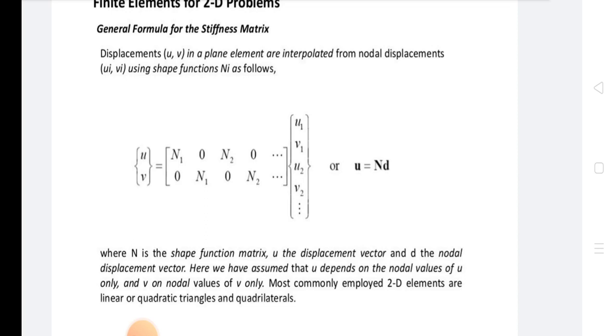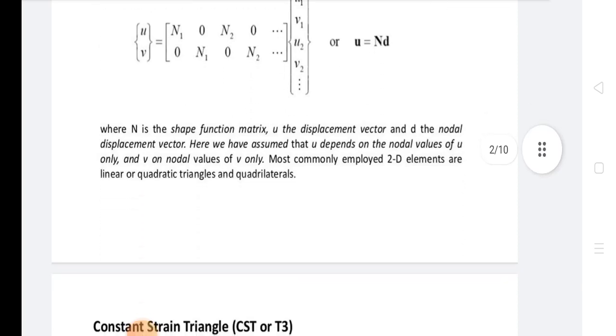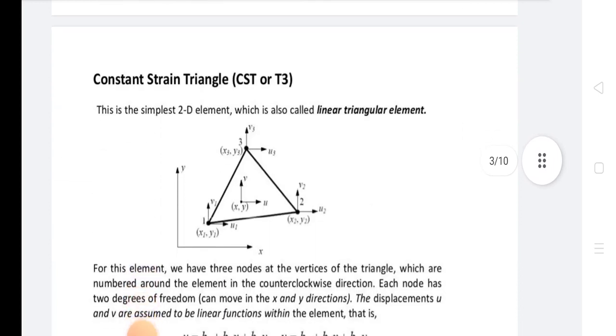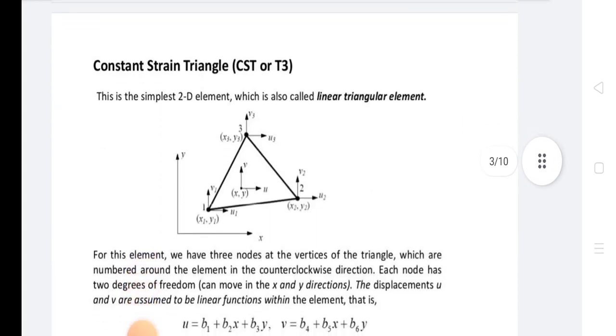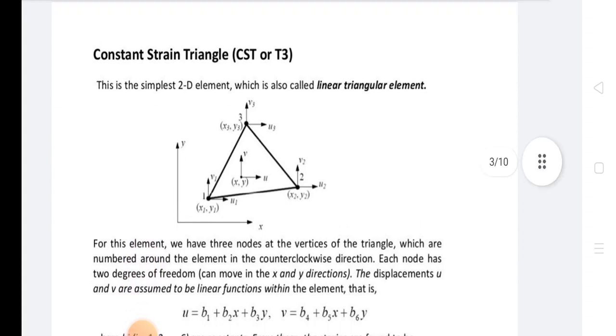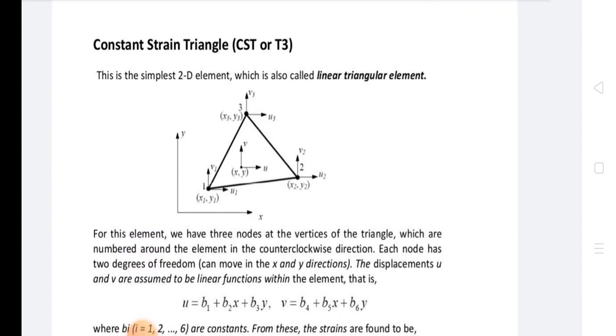Here we have assumed that u depends on the nodal values of u only and v on nodal values of v only. Most commonly employed 2D elements are linear or quadratic triangles and quadrilaterals. The constant strain triangle, CST or T3, is the simplest 2D element, which is also called the linear triangular element.